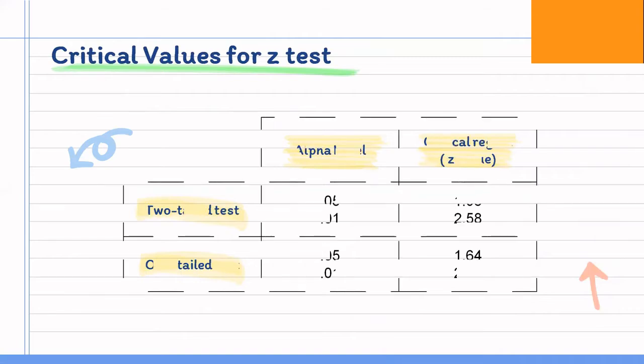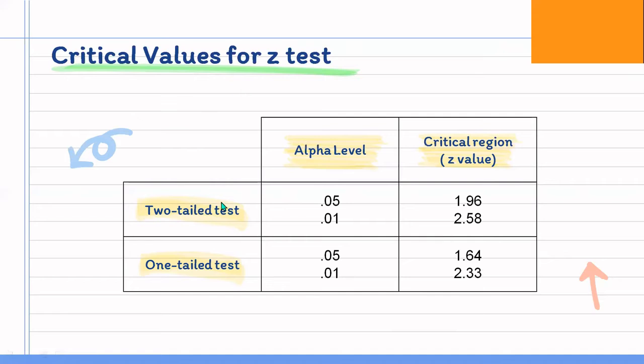Here are the critical values for the z-test. For a two-tailed test, we have an alpha of 0.05 and a critical region or z-value of 1.96. If the alpha is 0.01, the critical region or z-value is 2.58. For one-tailed tests, the alpha level is 0.05 and the critical region or z-value is 1.64.